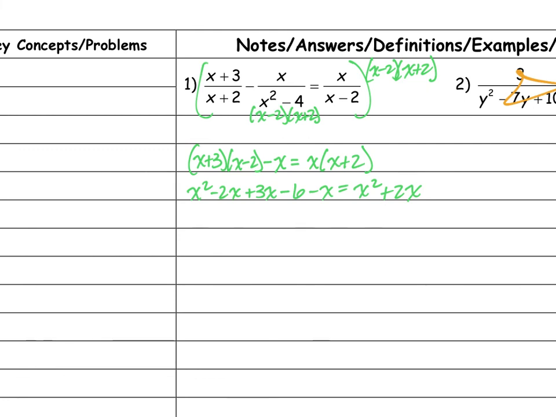I think my x squareds are going to cancel out. So x squared plus x minus 6 equals x squared plus 2x. Subtract x squared, subtract x squared, subtract x. Negative 6 equals, x squareds go away, x. That was nice that the x squareds canceled.